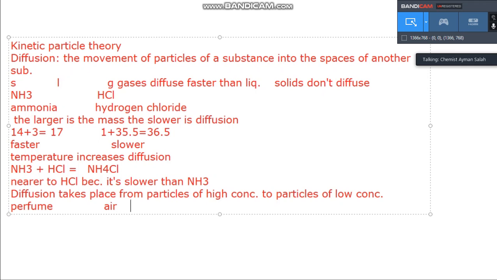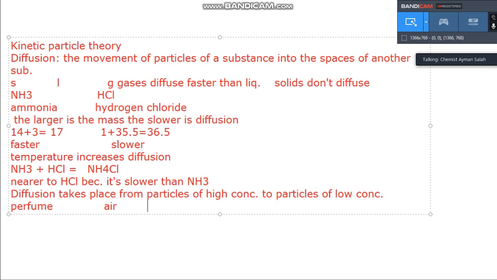Also, when you come to your house, you smell cooking. Why? Because the smell of cooking has larger concentration than the concentration of air. Right.